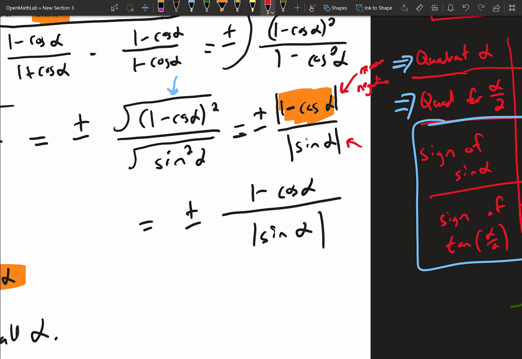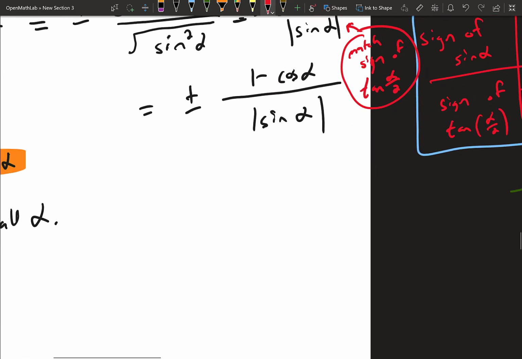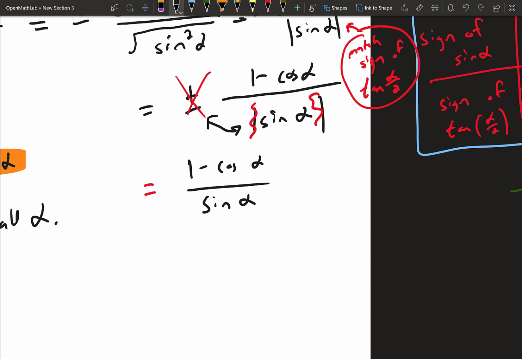And this guy is always going to match the sign of tangent alpha divided by 2. If that's the case, we don't need these absolute value bars, because the signs are going to come from this. So this would just be 1 minus cosine alpha divided by sine alpha. If sine alpha is negative, we would have picked a negative here, so they're going to match.